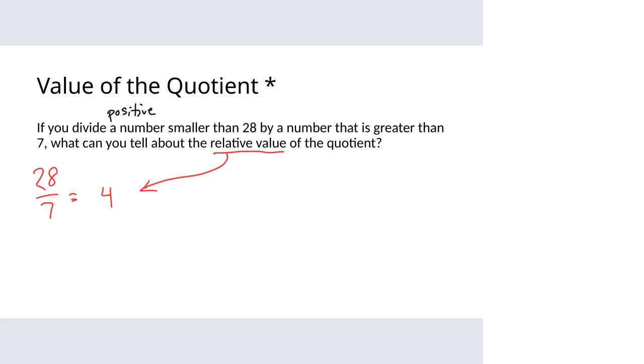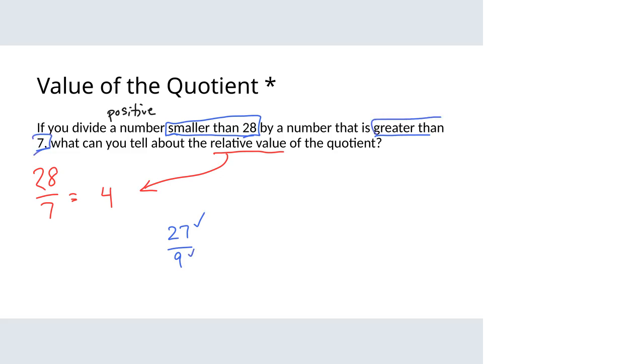All right. So now I go look at the conditions of this problem, and it says a number smaller than 28. Well, a number smaller than 28, that could be 27. By a number that's greater than 7, well, I'll use 9 because it'll go nicely into that 27, right? My conditions are smaller than 28, greater than 7.